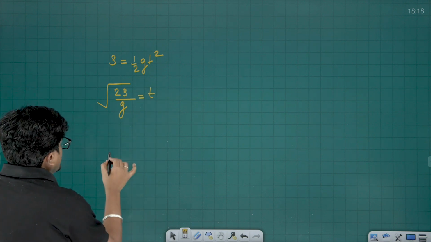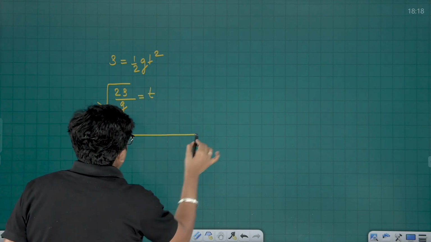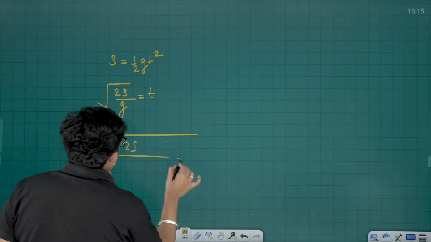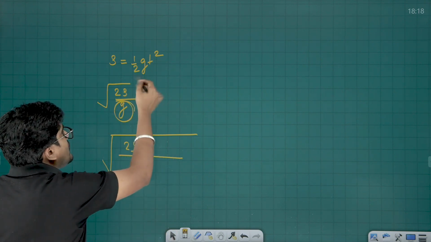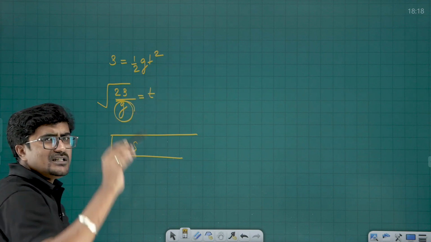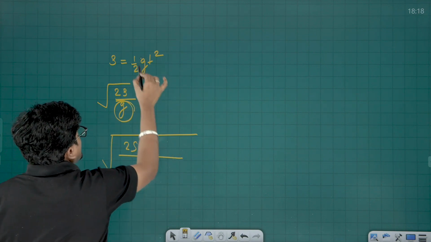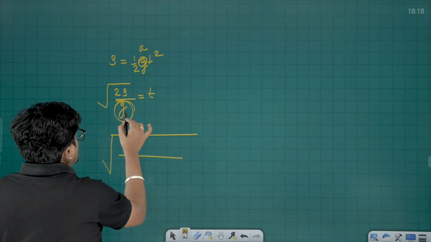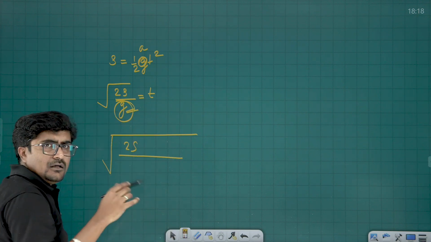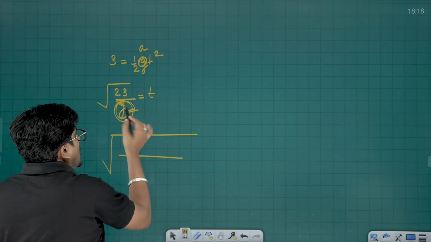Just have a look. 2 times s upon, instead of acceleration here, we took it as half of a t square. I repeat, this stands for acceleration a, this is not acceleration due to gravity.